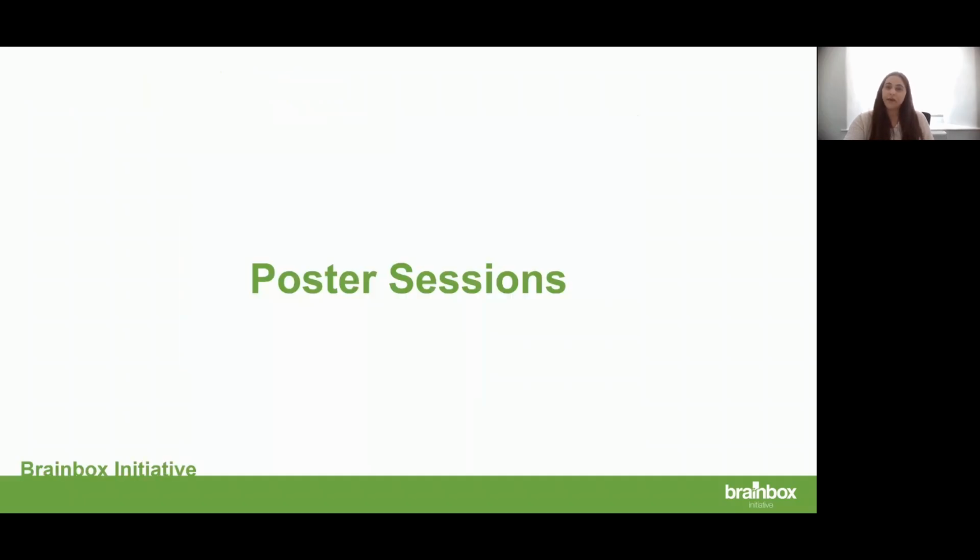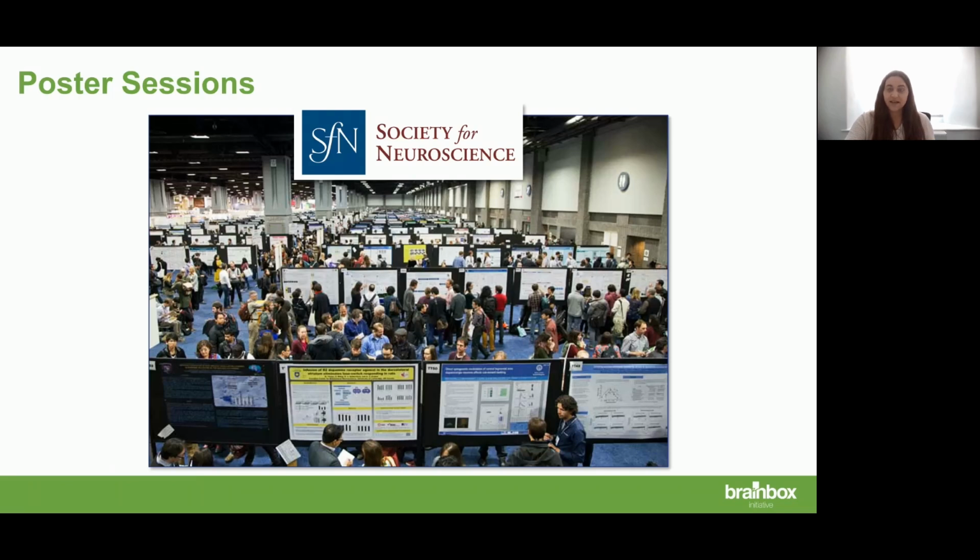To first get a better understanding of what makes a conference poster, let's first go over the poster session, which can look something like this. This is the Society for Neuroscience, or SFN's, annual conference, which is notoriously large, but still pretty representative of the classic poster session layout.